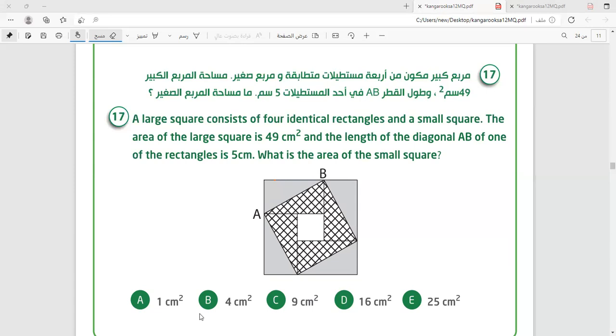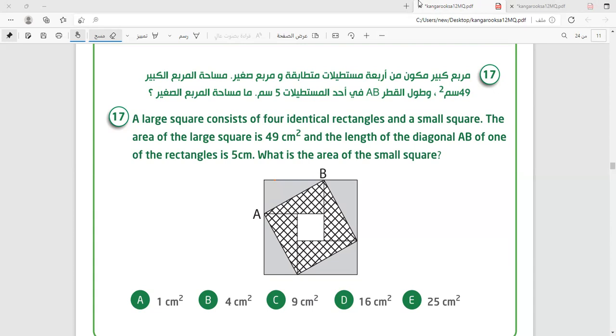So 5 and 5 and 5, 25, plus this one, which is the big one that is 5. So it's going to be 25. 25 divided by 2 equals 12.5.